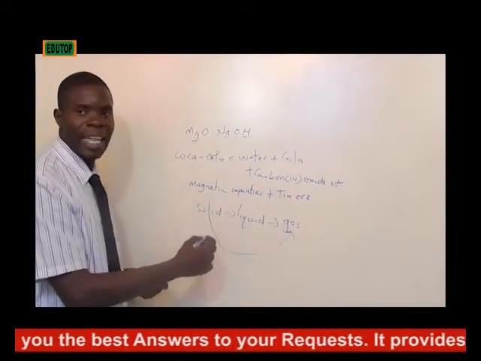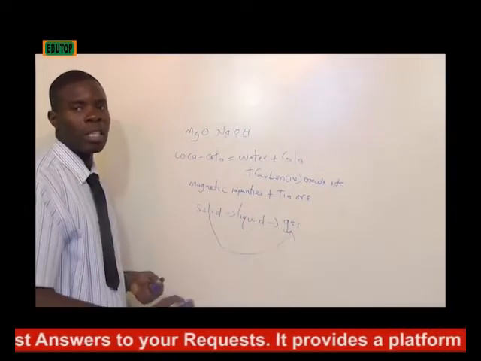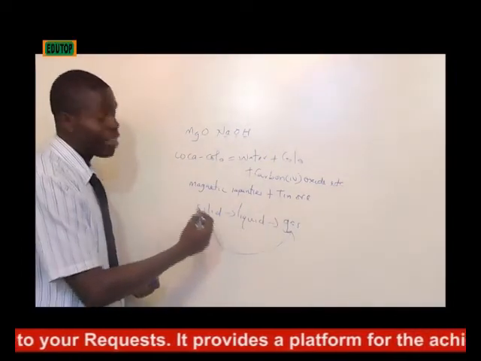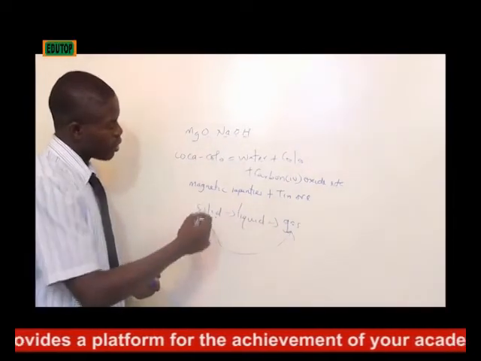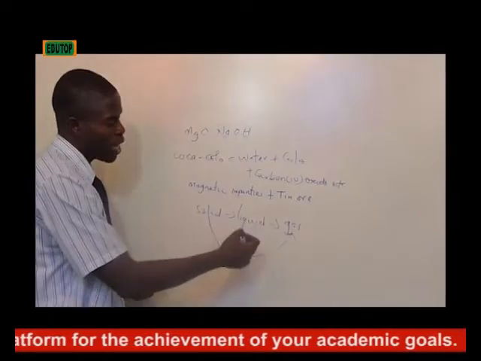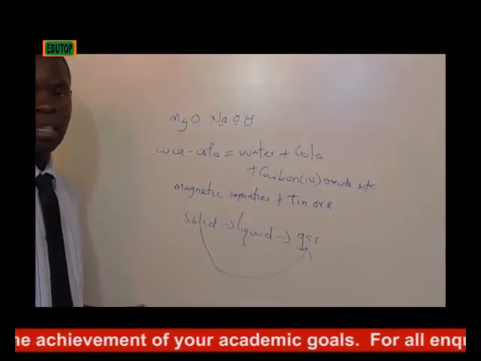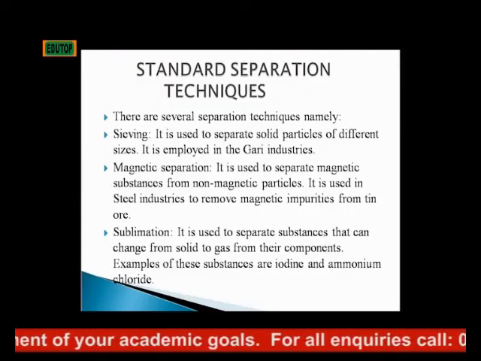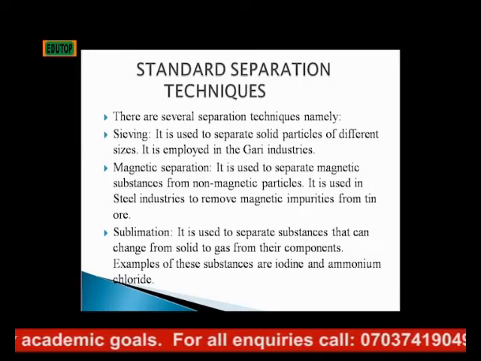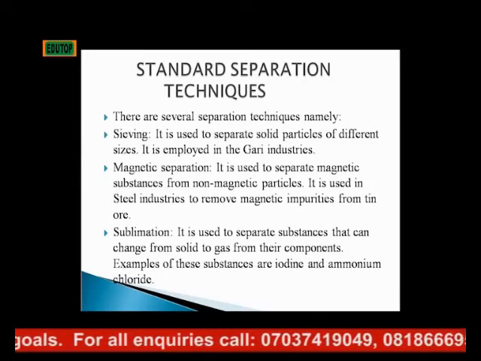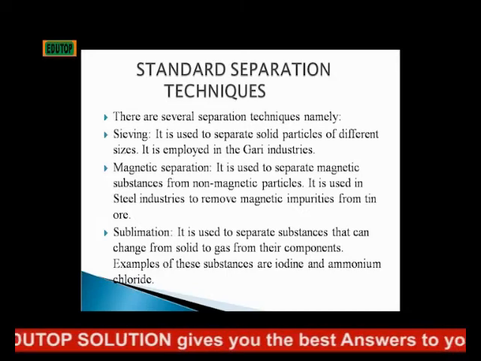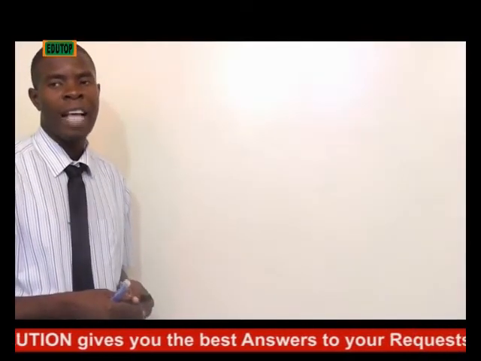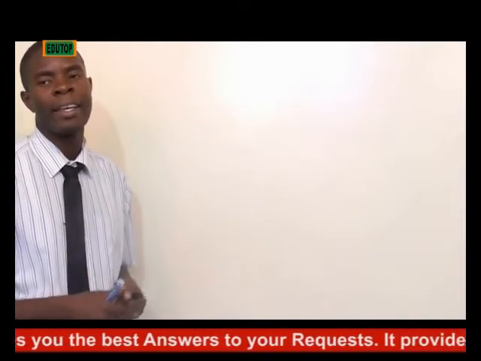Any substance that exhibits this phenomenon is said to exhibit the characteristics of sublimation, which means a substance that moves from solid to gas without passing through the liquid state. That process is called sublimation. The examples of substances that exhibit this process are iodine, camphor, ammonium chloride.